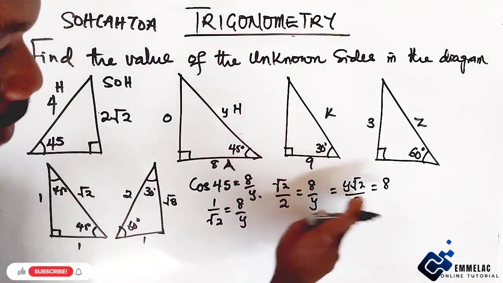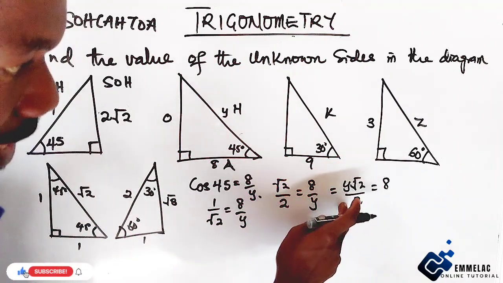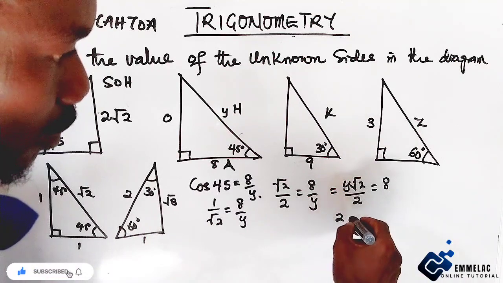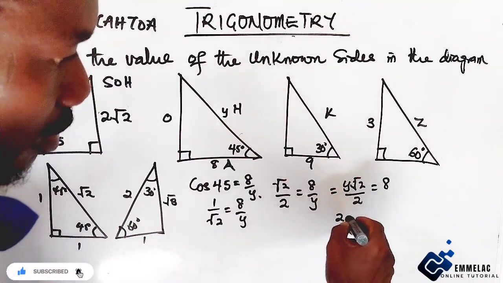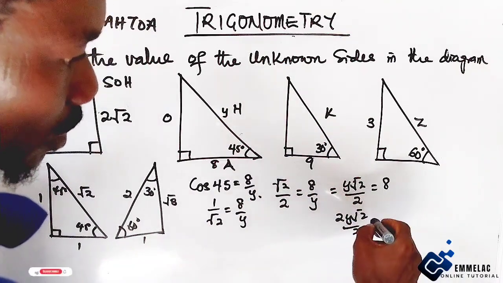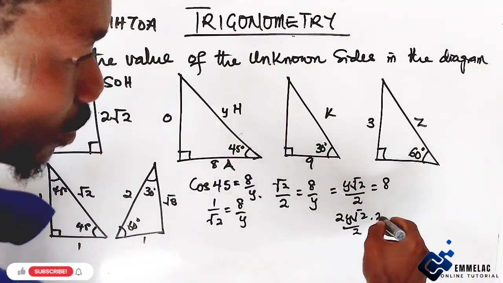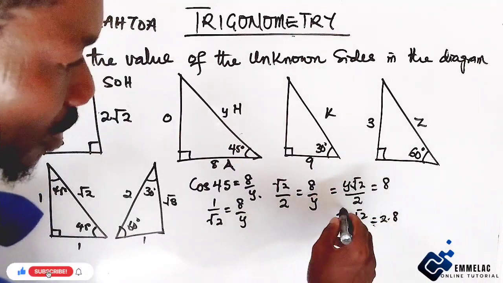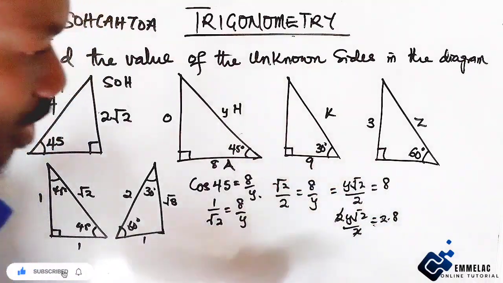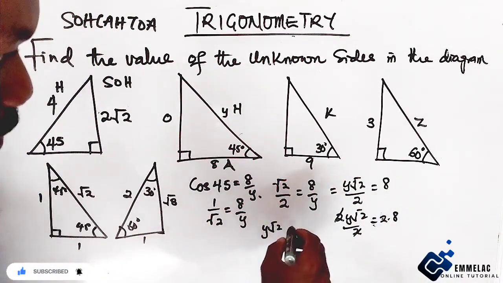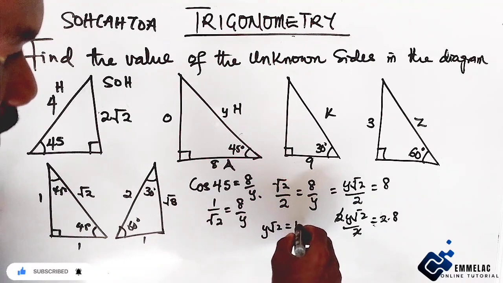Now multiplying both sides by 2 again, we have 2y root 2 over 2 equals 2 times 8. So this will eliminate this, and we are left with y root 2 equals 16.